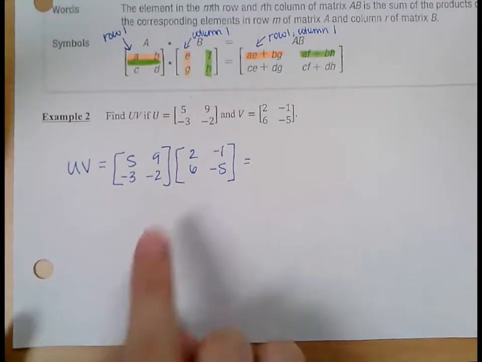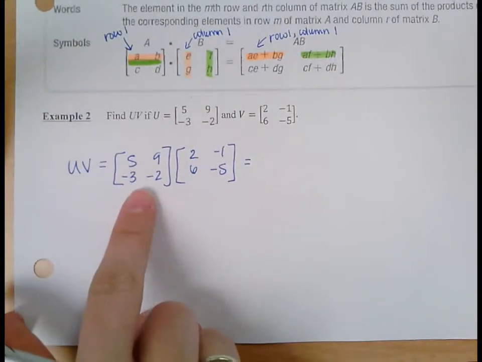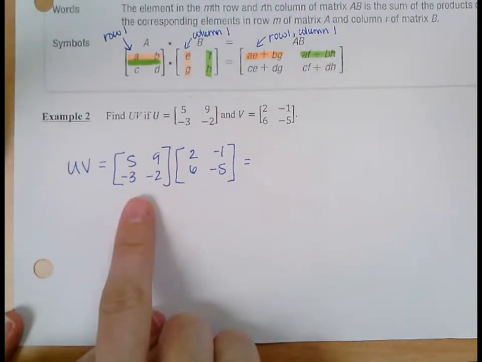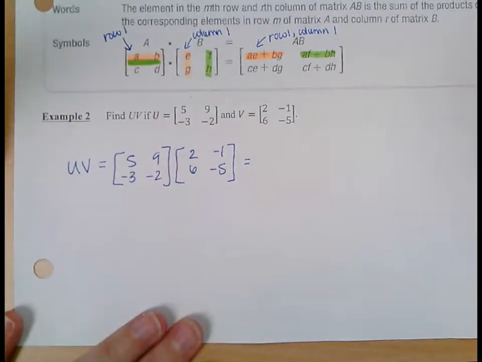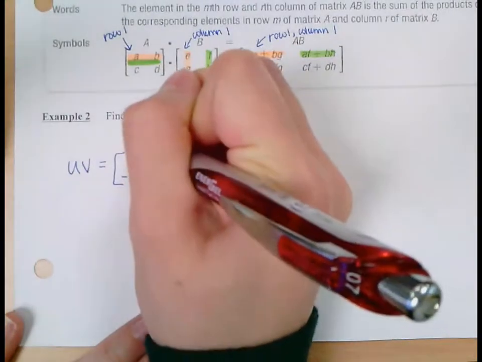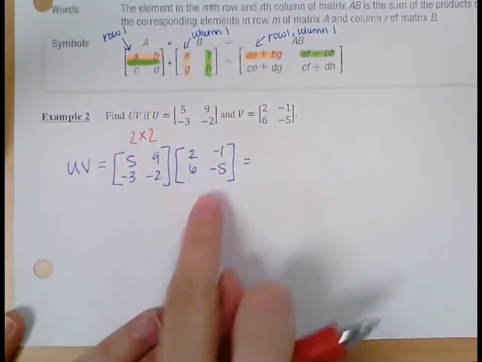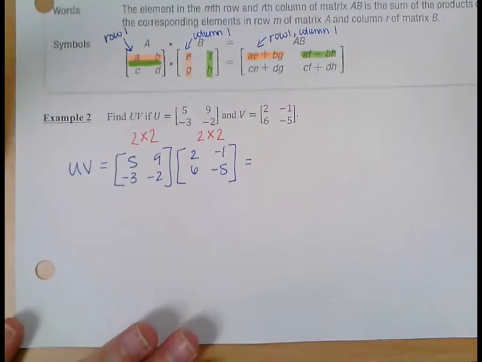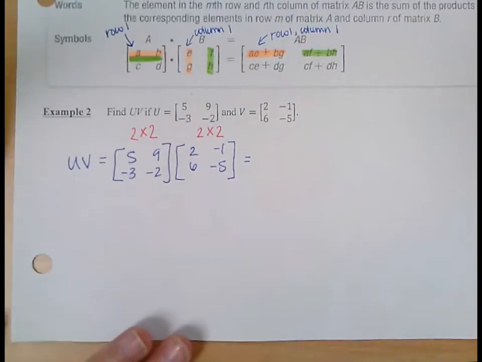And first, what are the dimensions of matrix U? How many rows, how many columns? 2 by 2. 2 rows, 2 columns. Okay, matrix V is also 2 by 2. It's the same size. So this is what you should check before you even start: can you multiply them?